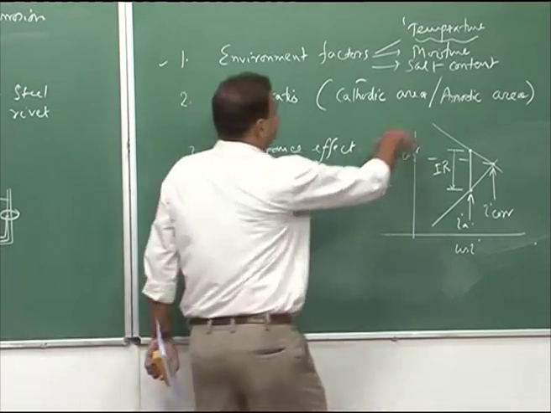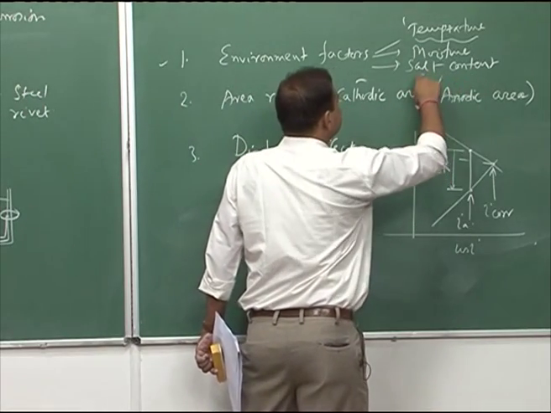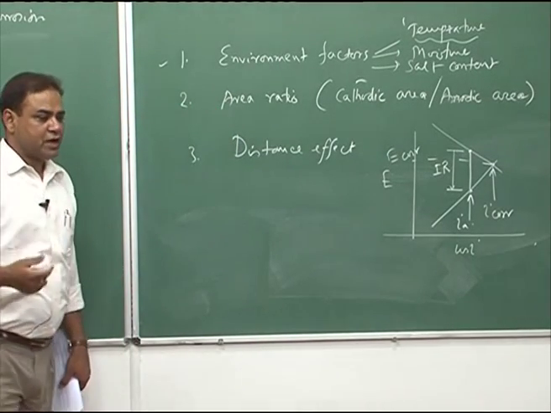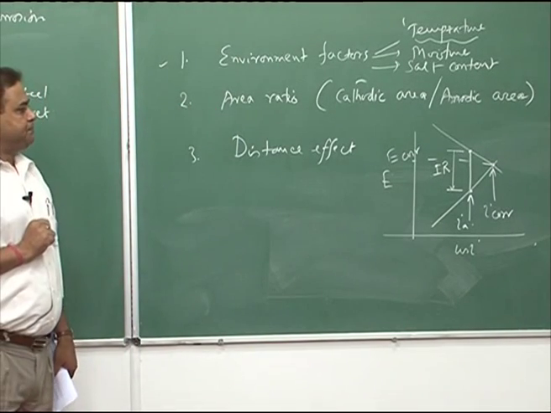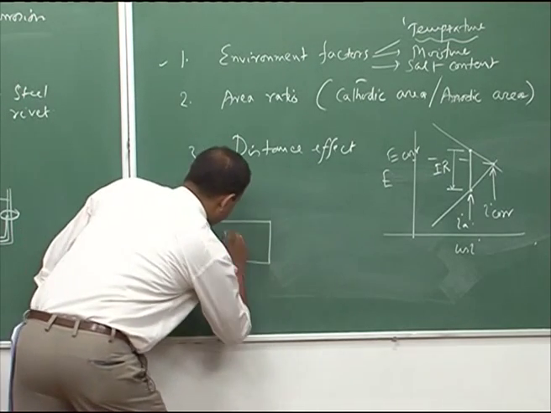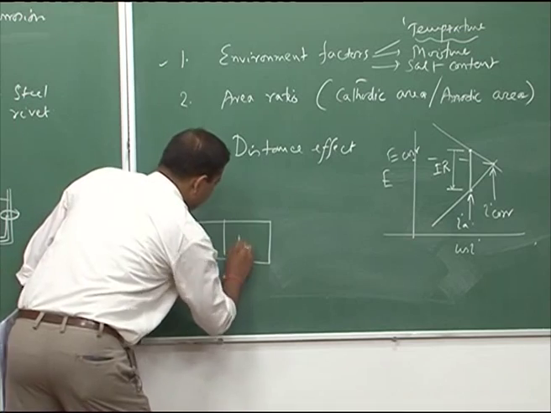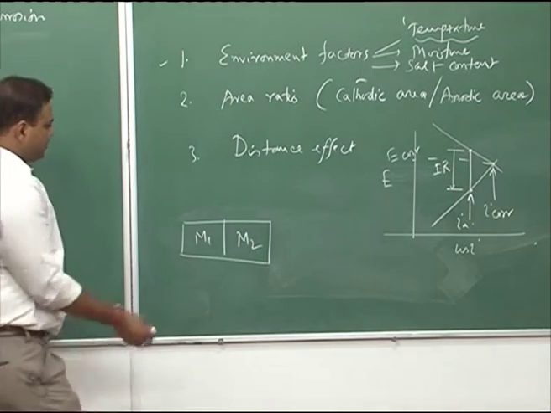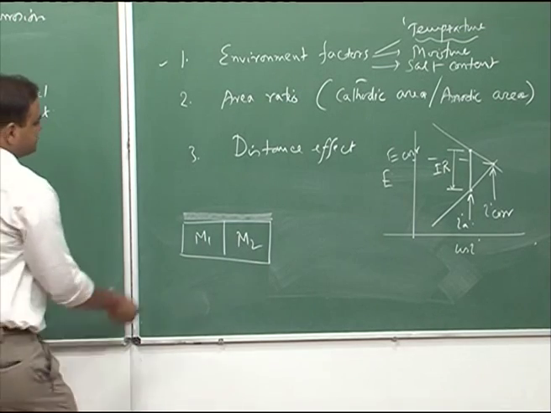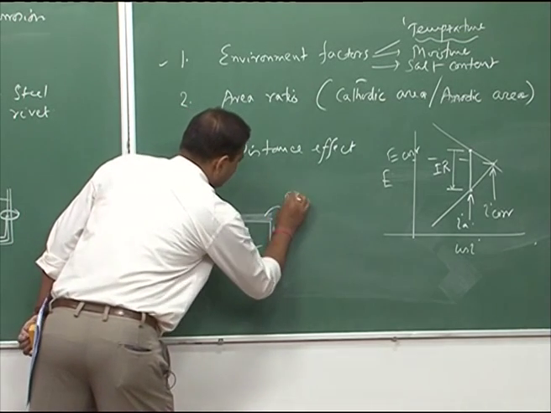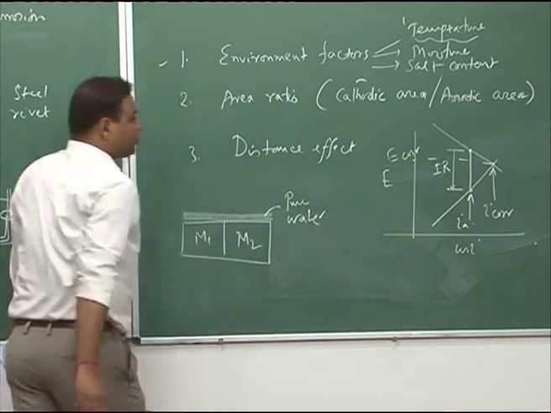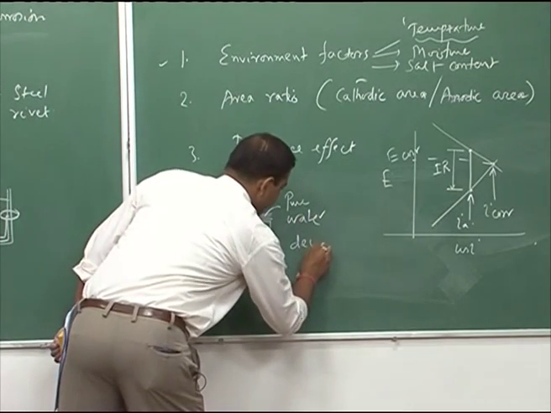So, the galvanic effect will also be less if we have less salt or less moisture, or if the electrolyte is highly resistant. Now, if we have a galvanic couple M1 and M2, and on top of that we have an electrolyte, let us say that electrolyte is pure water, and that pure water is deionized.